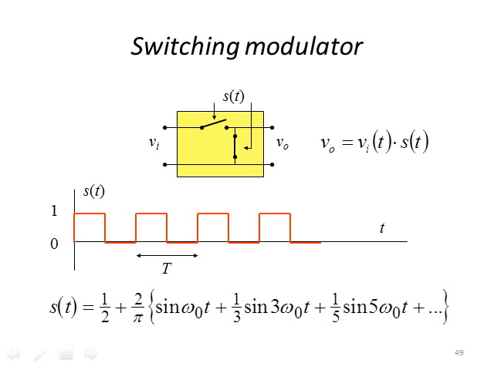One example of a modulator is a switching modulator, which basically makes this pulse, and we'll say that the amplitude of the pulse varies between 0 and 1, and Vout is then the multiplication of the switch operation, the frequency of the switch operation, and Vi of t, where S of t can be expanded into this series representation.